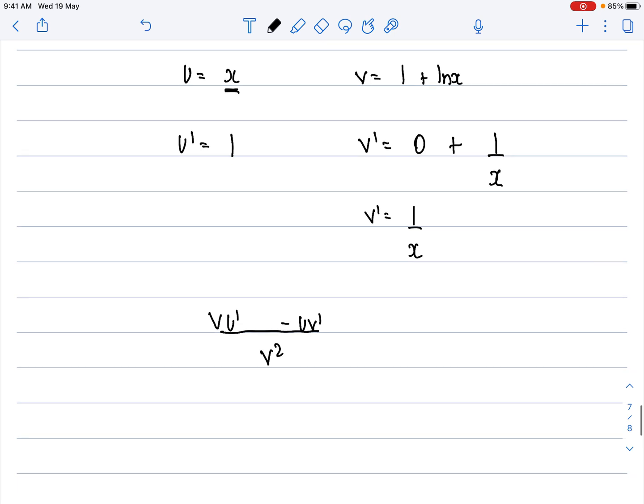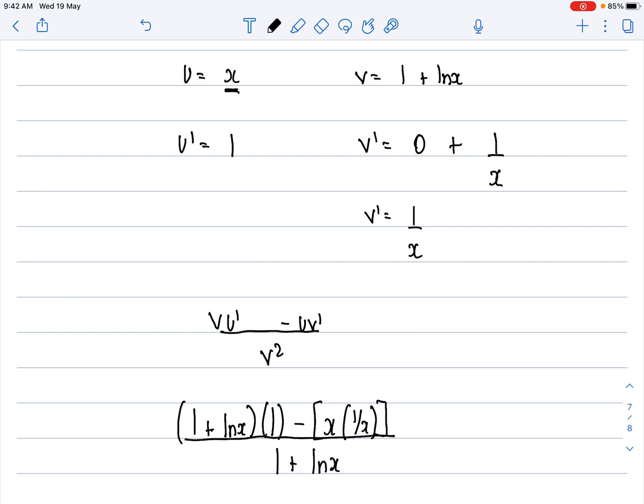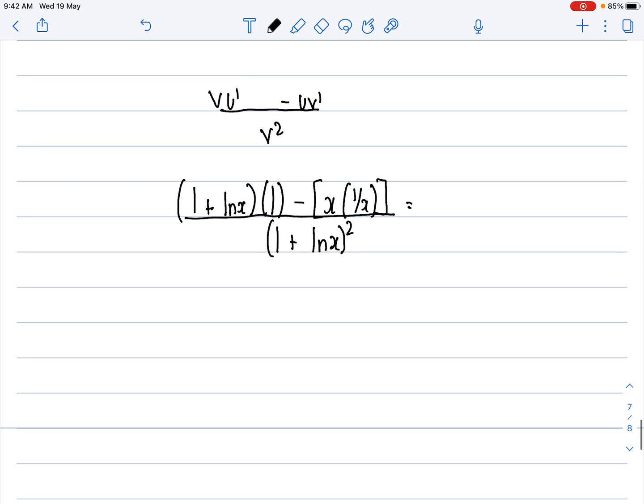So with simple substitution, I can write this as 1 plus ln x into u dash, which is simply 1, minus u, which is x, into 1 over x, over v square, which is 1 plus ln x the whole square, which is equal to 1 by 4.